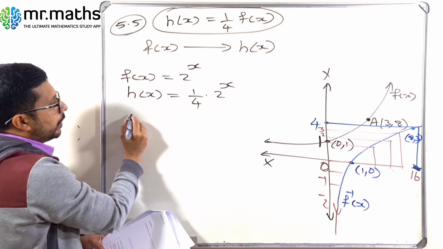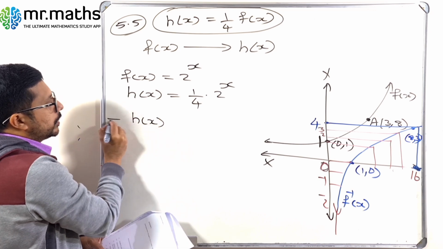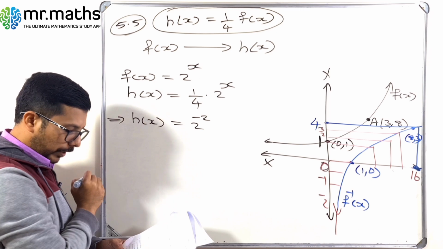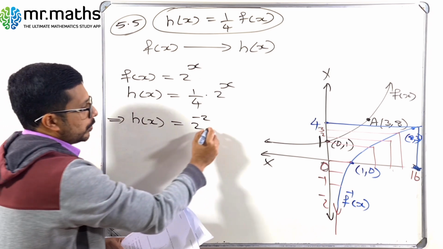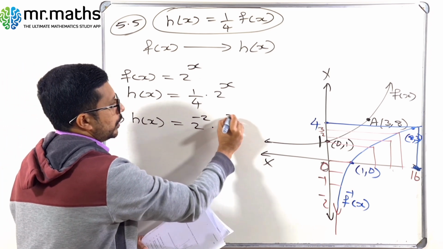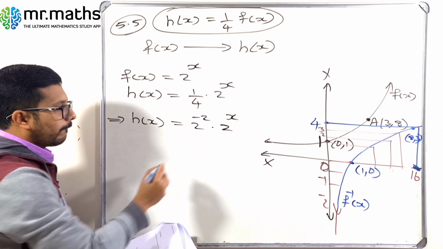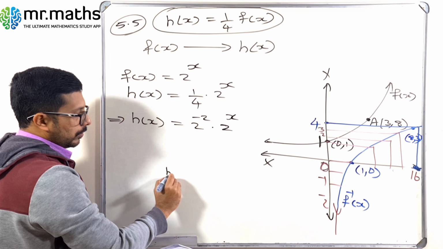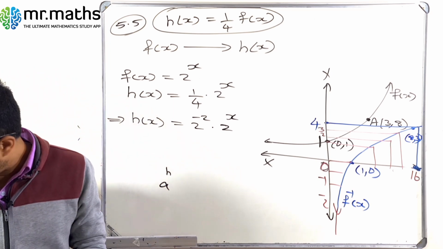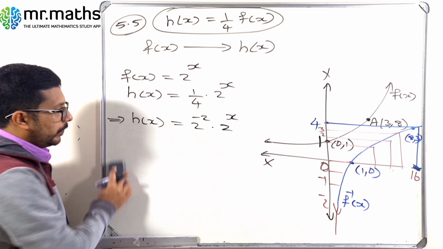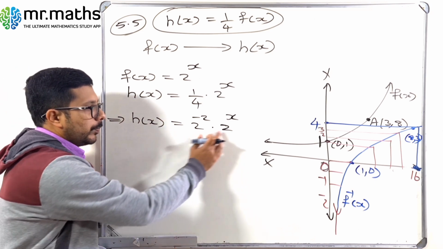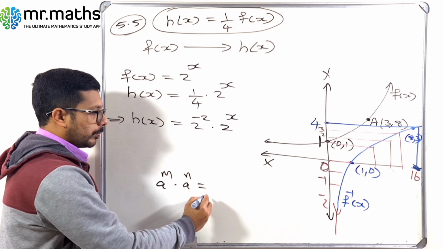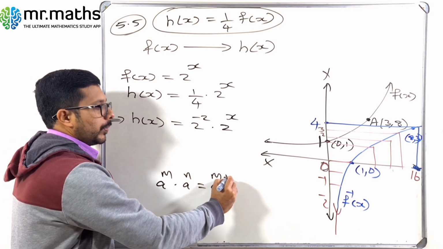So now look at this one. h of x is equal to, this 4 is 2 raised to minus 2, am I right? So 2 raised to minus 2 into 2 raised to x. Here we have the same bases, so by the exponential rule, a raised to m into a raised to n is a raised to m plus n.